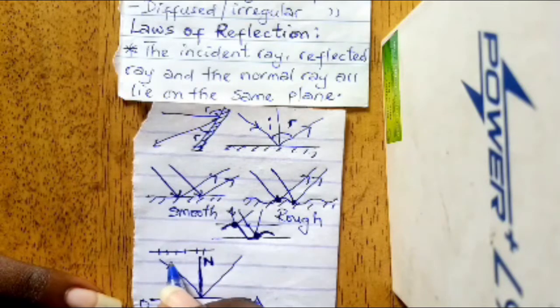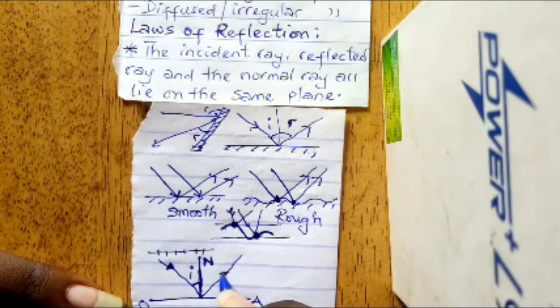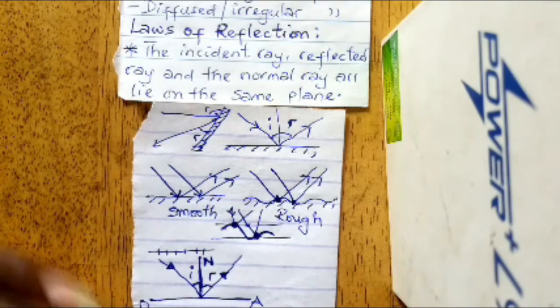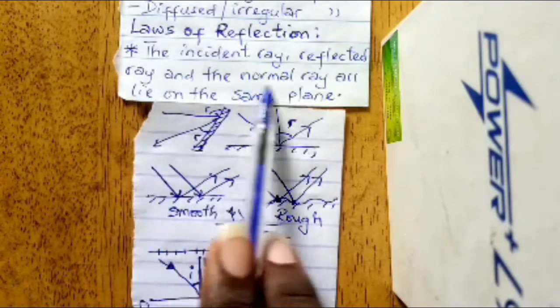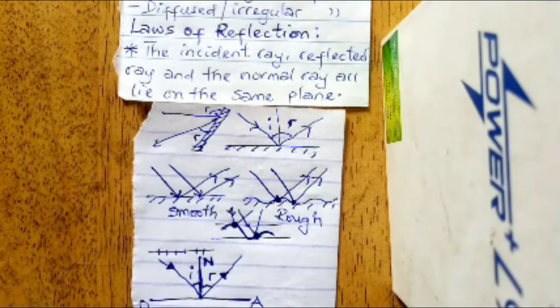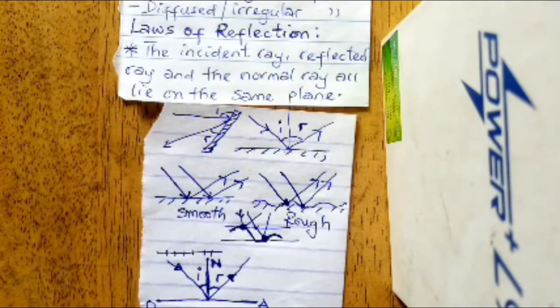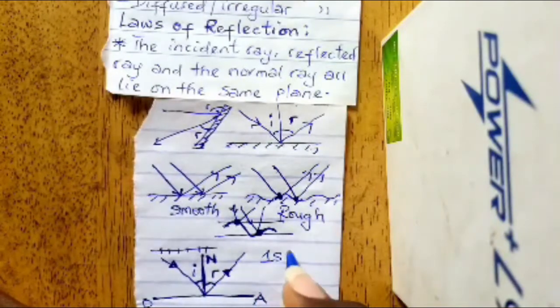It has its own angle of incidence I, and on hitting this surface, it reflects with another angle R and continues its mode of propagation. So the first law of reflection states that the incident ray, reflected ray, and the normal ray all lie on the same plane. And this is the first law of reflection.